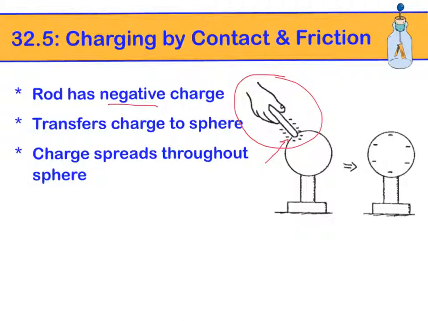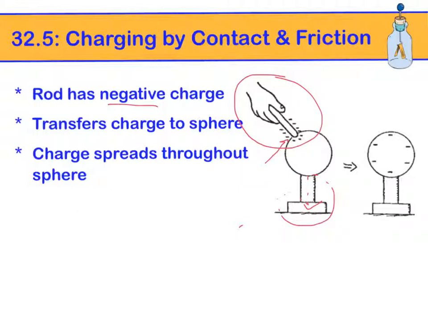By rubbing the rod with some rabbit fur, we could put a negative charge on that rod. And then that rod touches this metal sphere. The book is going to use some diagrams, and the stands that those spheres are sitting on are insulators, which just means that no charge can flow from the sphere to the table, or whatever it is that they're sitting on.